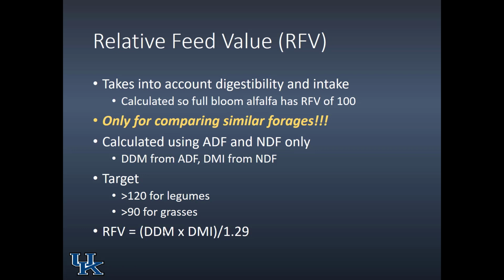So if it's 60% or 50% digestible and they eat 20 pounds, then that's going to be 10 pounds of ingested digestible dry matter. Now the 1.29 is the factor that is used so that full bloom alfalfa comes out to have an RFV of 100.